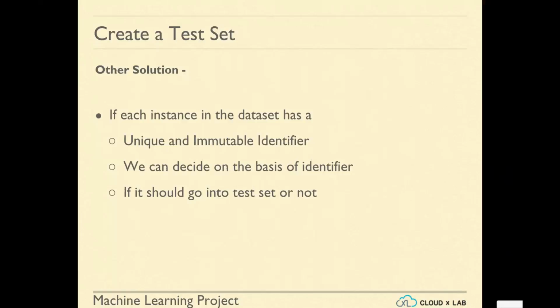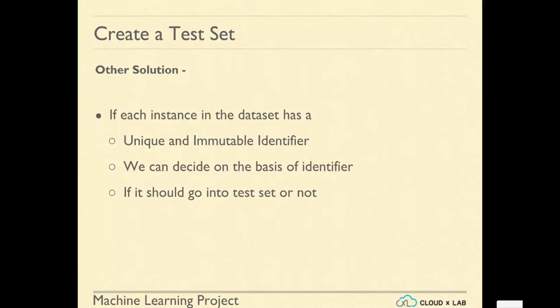A record which was earlier in the training set will not move to the test set. This way, we minimize the data snooping bias, and we make sure that the algorithm we train does not end up looking at the entire data.